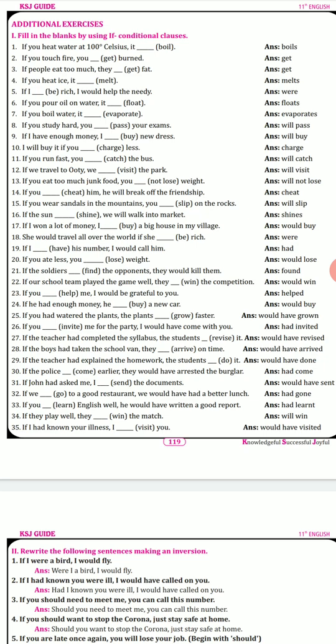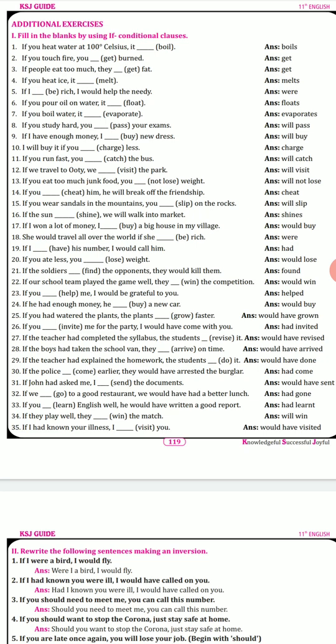But this sentence should be in zero class. So we have to add present tense verb only. So the answer must be get. So we need not add s or es with the verb because they is a third person plural subject. So for third person singular subjects we have to add s or es only.